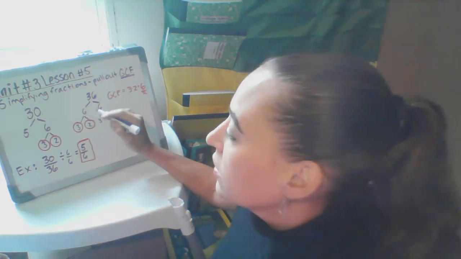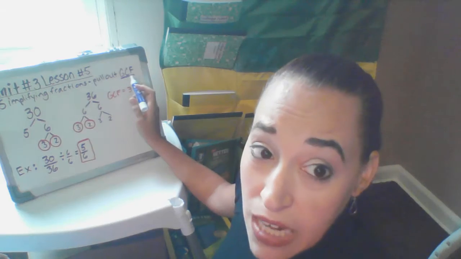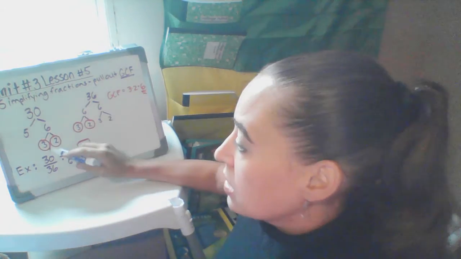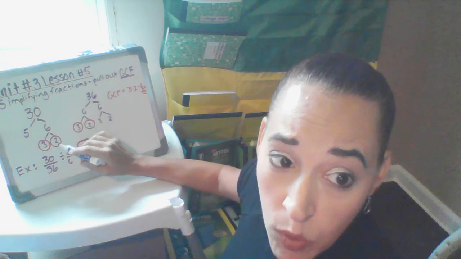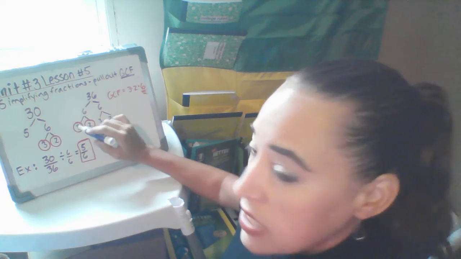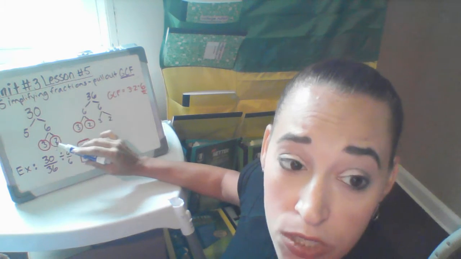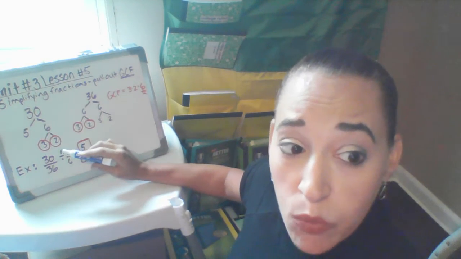It's done. Okay, so why did I circle my 3 and 2? Remember, you're looking for your greatest common factor. The numbers that 30 and 36 have in common are one 3 and one 2. I can't circle both 3s and both 2s because then I'm saying this side has two 3s and two 2s as well, and it does not. It only has one 3 and one 2.